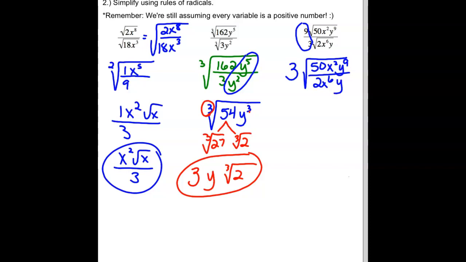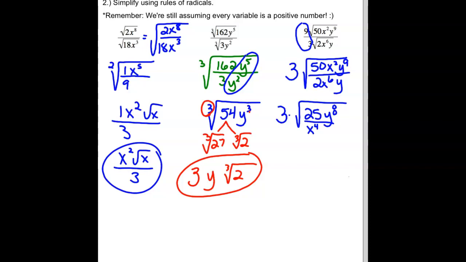I can reduce the 50 divided by 2 to 25. I can look at those x's and say, well, I've got 2 on top and 6 on the bottom, so I have 4 left in the denominator. Looking at my y's, I have 9 on top and I have 1 in the denominator. I can reduce that to 8 on top.